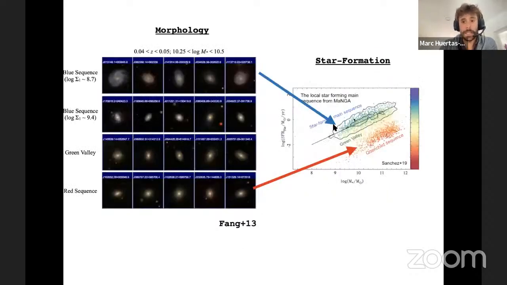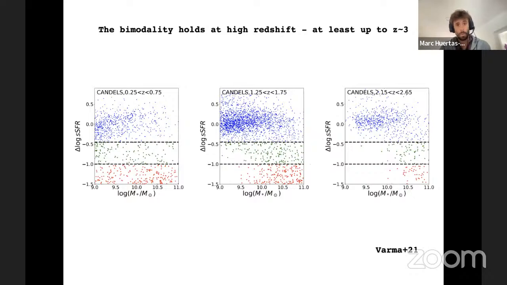This is where the relation between star formation and morphology stands: galaxies on the main sequence are typically disk dominated, and these are more bulge dominated. One thing that we have learned over the past years is that this was in the local universe, but even if you go to high redshift, when the universe was much younger than today, less than half of its current age, down to redshift 3, this bimodality is still there.